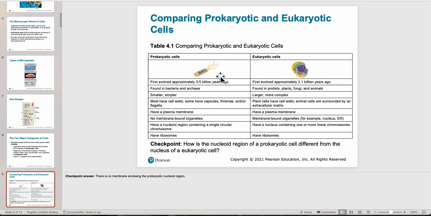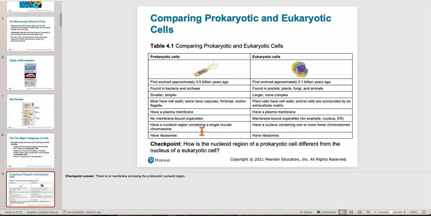So prokaryotes do not have a membrane-bound organelle. They do have a cell wall. So most of the bacteria have cell walls. Then down here at the bottom, we see that they have something called a single circular chromosome.